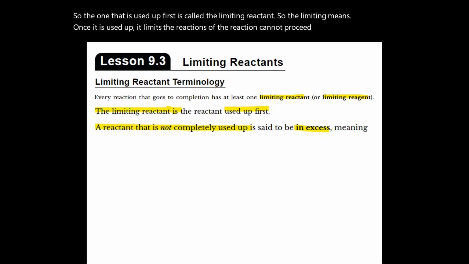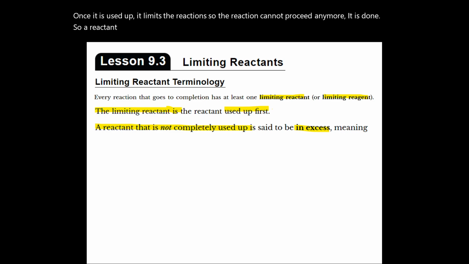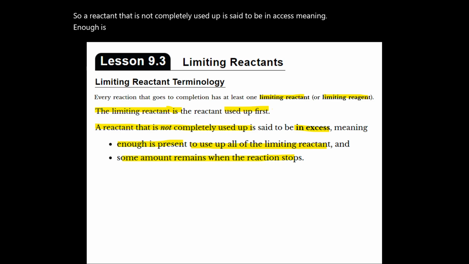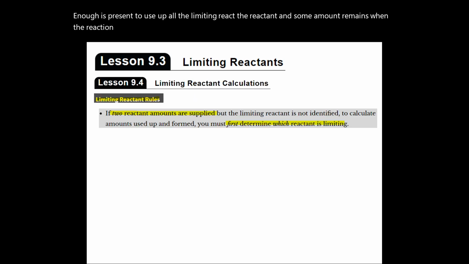It is done. A reactant that is not completely used up is said to be in excess, meaning enough is present to use up all the limiting reactant, and some amount remains when the reaction stops.